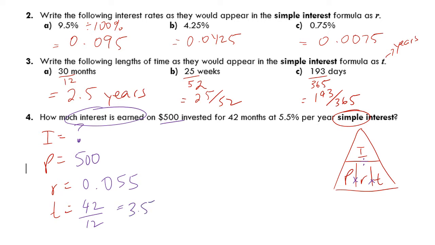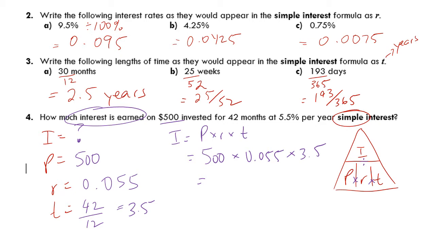Now to use our formula triangle, we are looking for I, so I equals, cover up I, what's left over? P times R times T. Plug all your numbers in. 500 times 0.055 times 3.5. Using your calculator, make sure you get the same thing as I do.